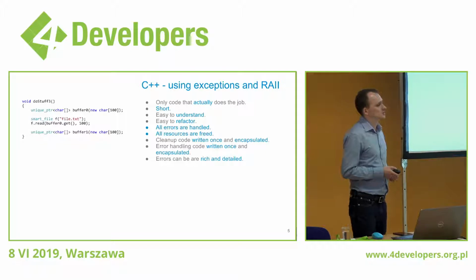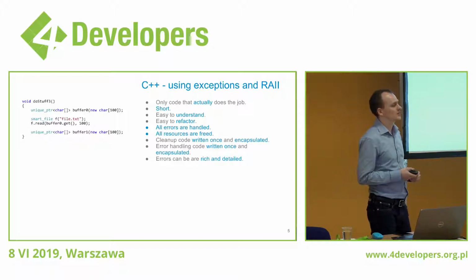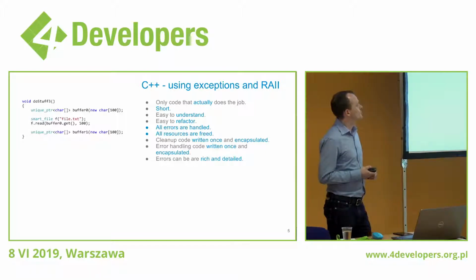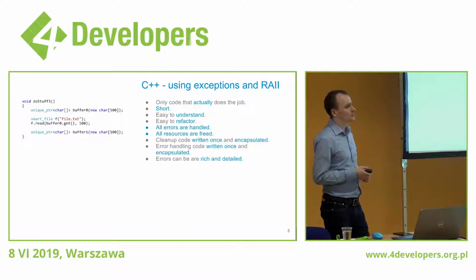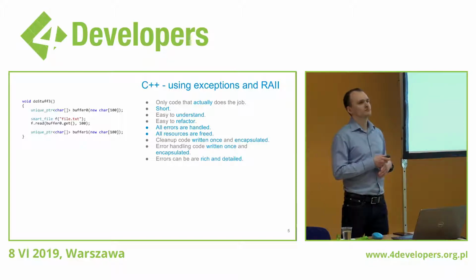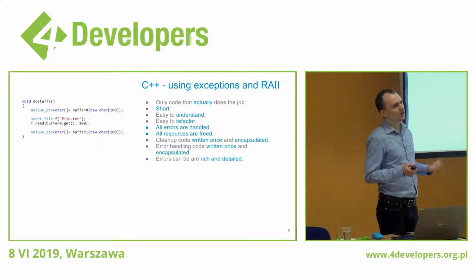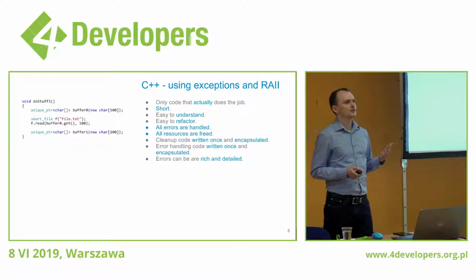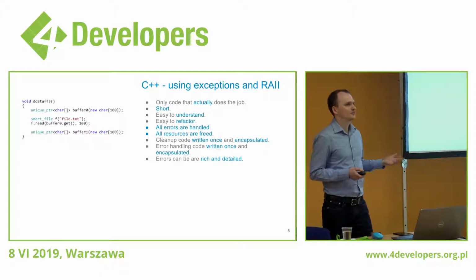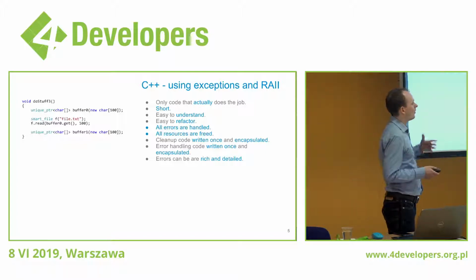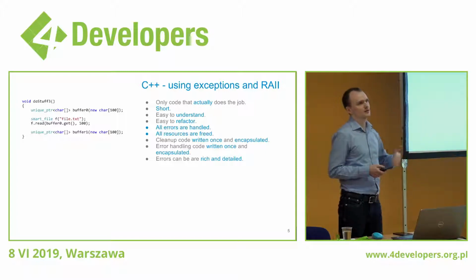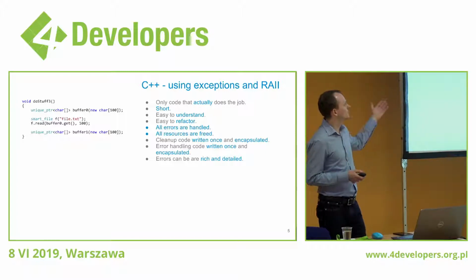In C++, we can, of course, use exceptions and destructors for cleanup. So when we do that, our code suddenly contains only code that actually does something useful. We get rid of all the error handling and all the cleanup. It's not even there.